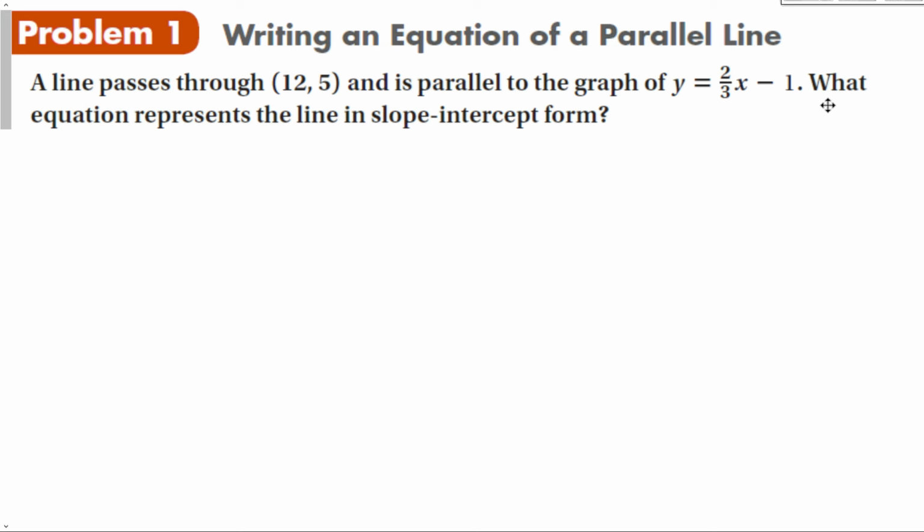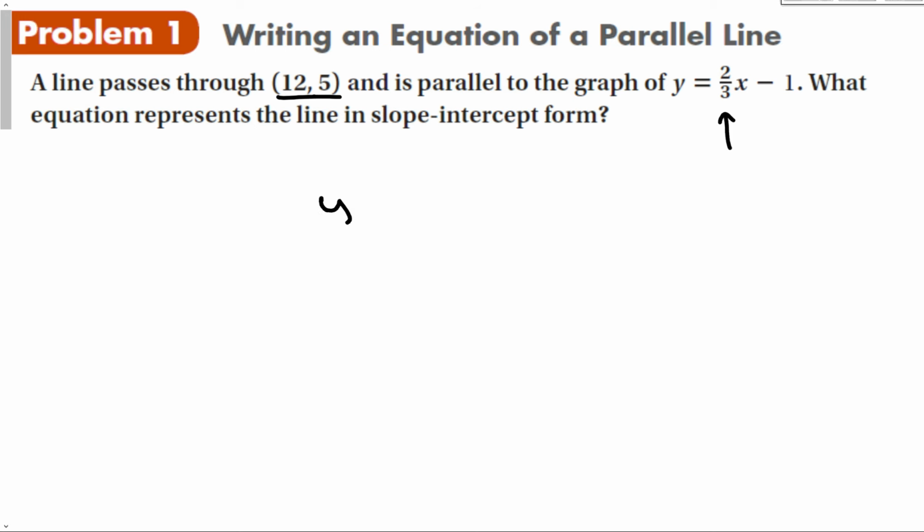Well, to start, I don't know where this line intercepts because it's not going to be -1, because this line that is parallel to this line is going to have a different intercept. So I don't know the intercept, but I do know a point, and I know the slope because it has to be the same as that slope.